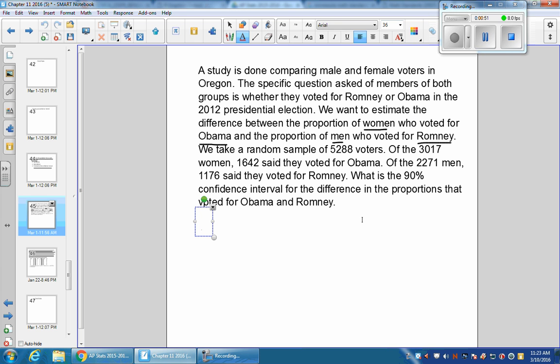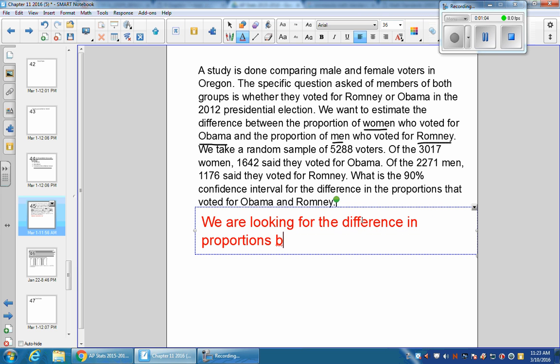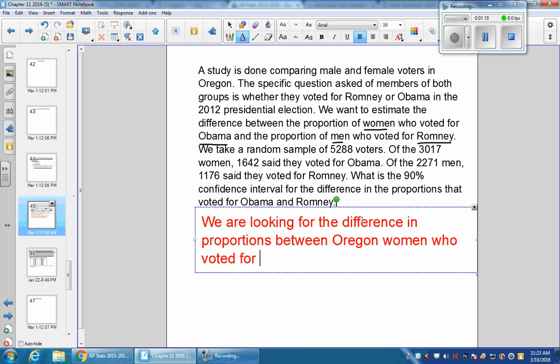So what we want to do is first talk about what parameter we're looking for. So we are looking for the difference in proportions between Oregon women who voted for Obama and men who voted for Romney.